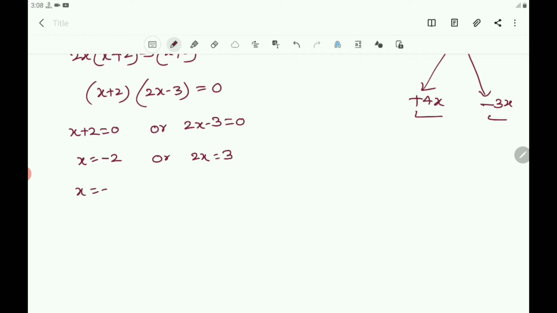That is x equals minus 2 or x equals 3 by 2. Therefore the roots are minus 2 and 3 by 2.